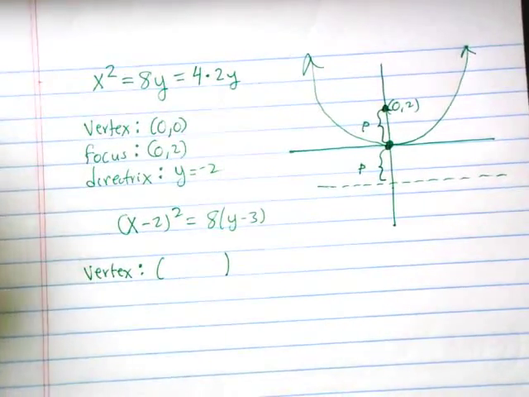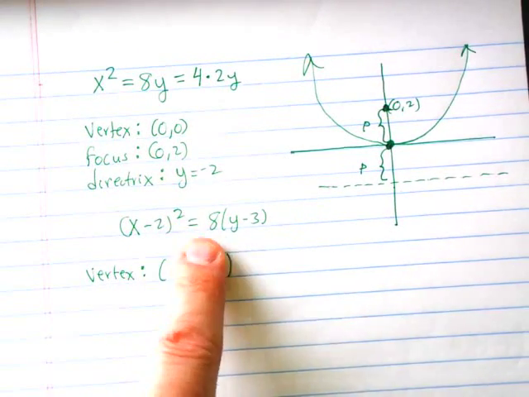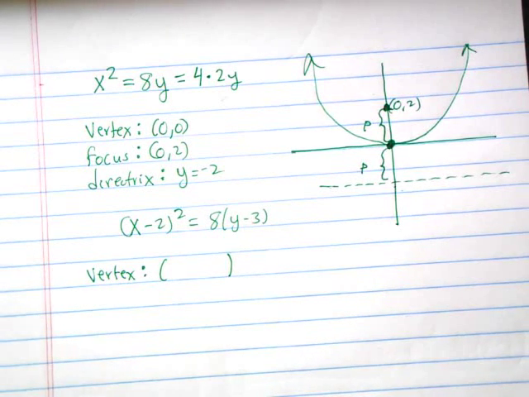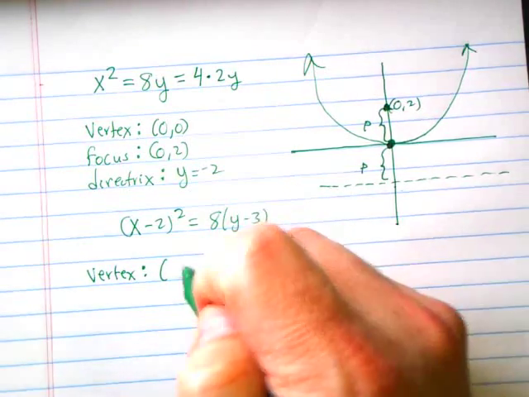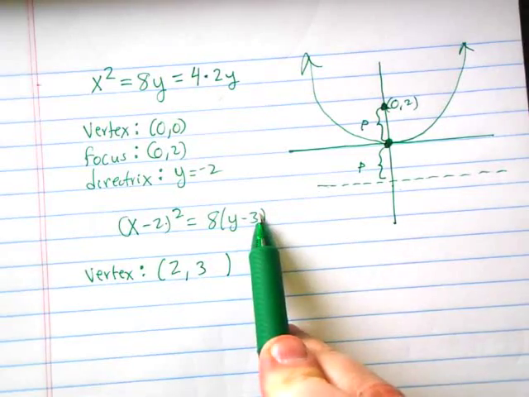So since p is 2, I had to go down 2 to get my directrix. If I give you x minus 2 squared equals 8 times y minus 3, where's your vertex? Vertex is at 2, 3. Shift right 2, shift up 3.